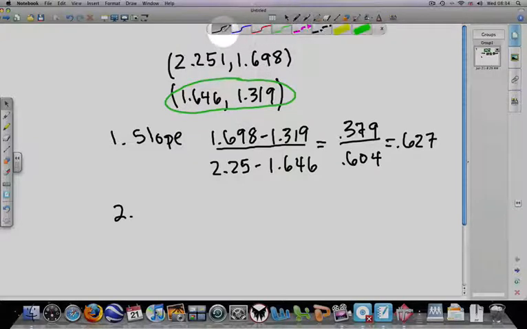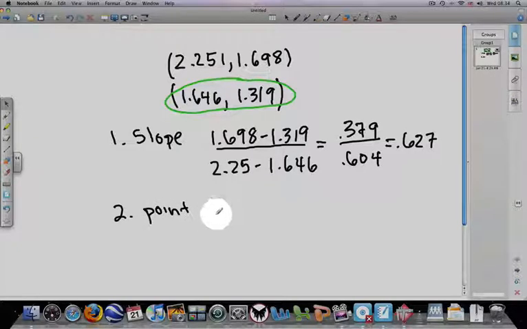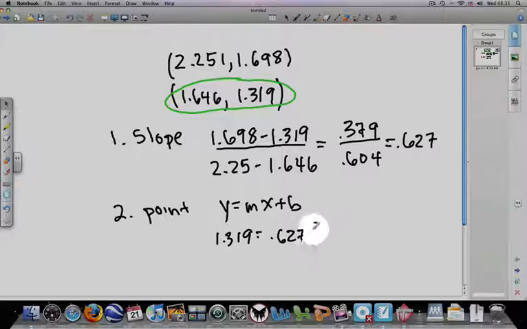Using y equals mx plus b, we have our slope and our point: 1.319 equals 0.627 times 1.646 plus b.